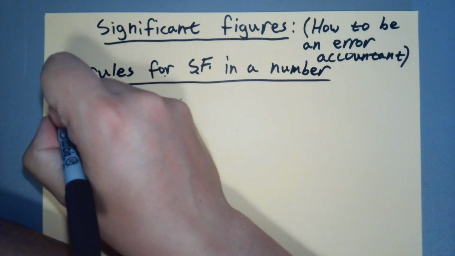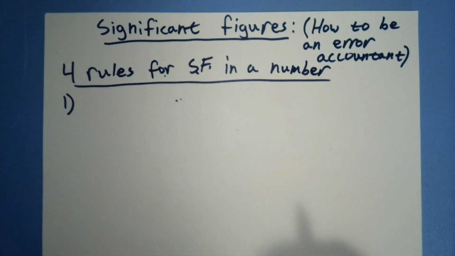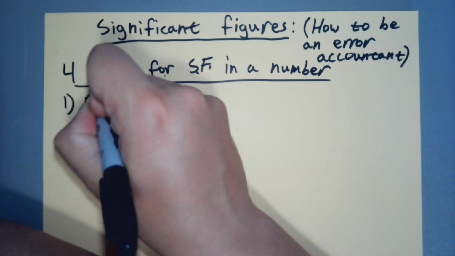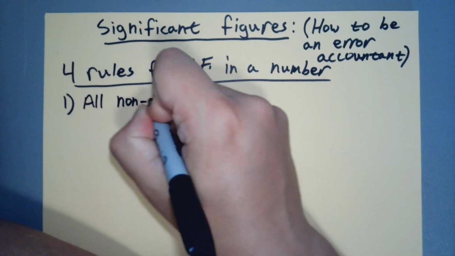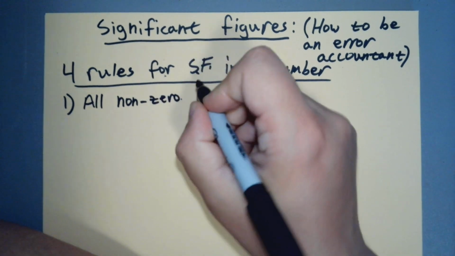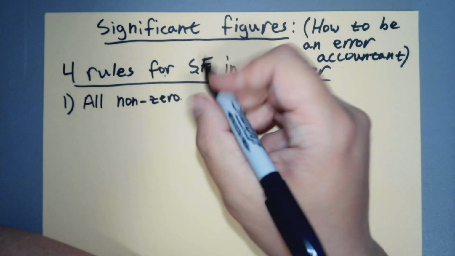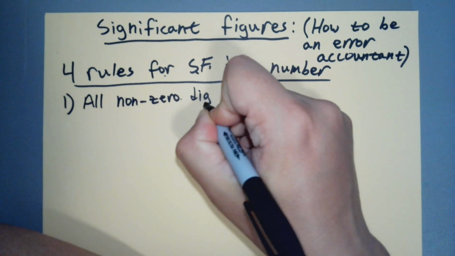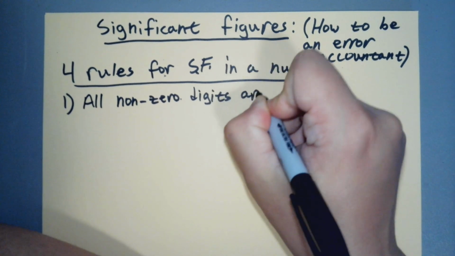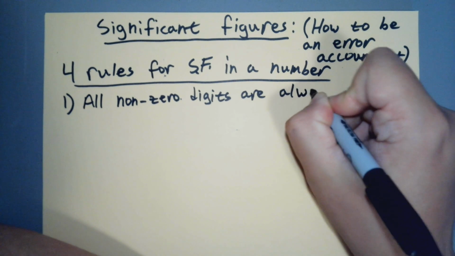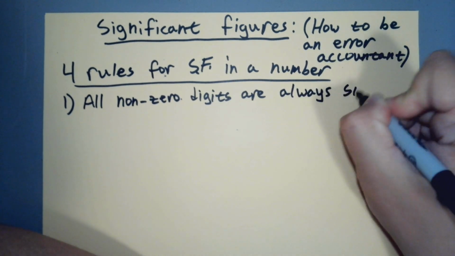Okay? Rule number 1. All non-zero digits are always significant. So they always count.